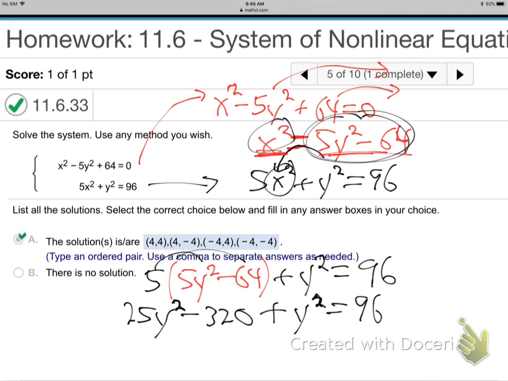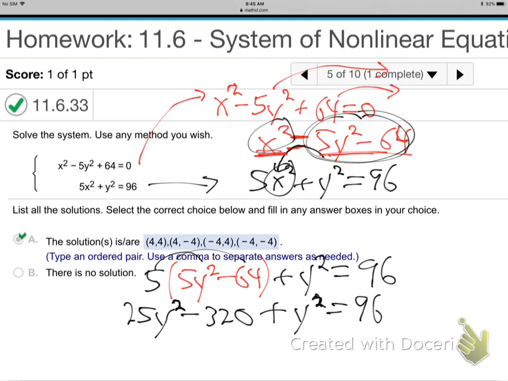So we're going to solve for y there. Is that good? Can you do that? So go ahead and solve that for y. I'm going to go to a fresh screen.